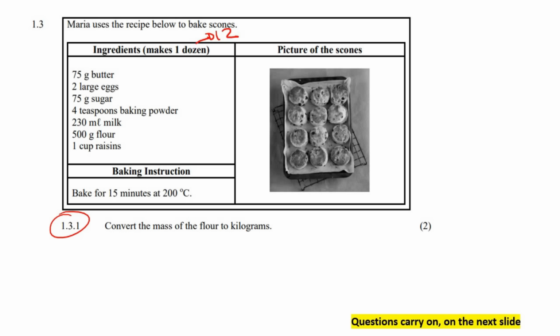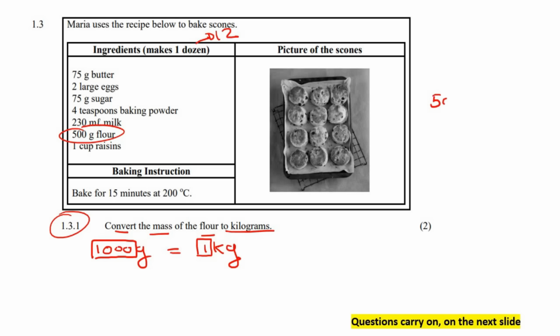The first question says, convert the mass of flour to kilograms. We need to remember that 1,000 grams is the same as 1 kilogram. What I always like to tell learners is, look at this. Which number's bigger? There's 1,000, and that's only a 1. So the number in front of the grams is always the bigger number.